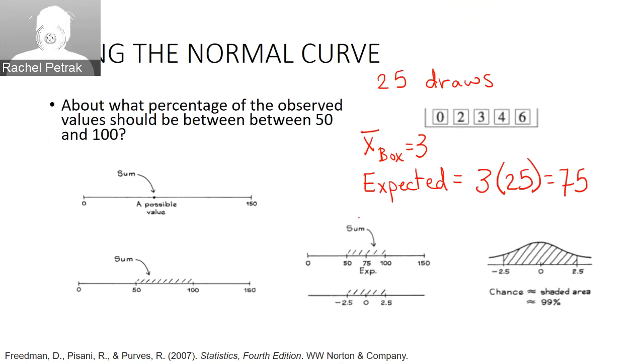And if we want to convert these to standard units, remember we need to get the standard deviation of this box. Didn't we already get the standard deviation of the box? Yes, it was 2, right? So we have all the information we need.